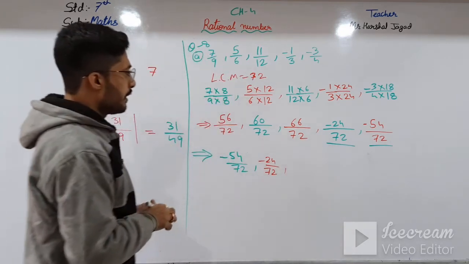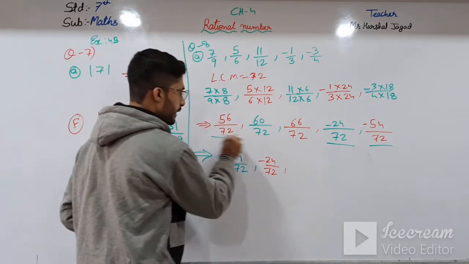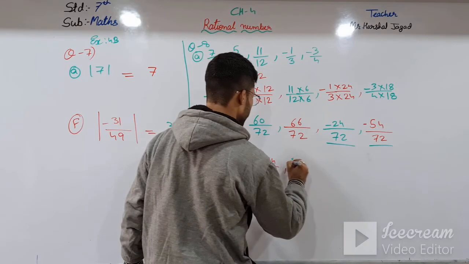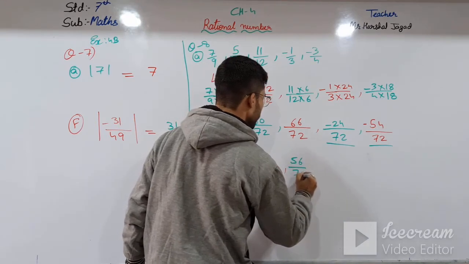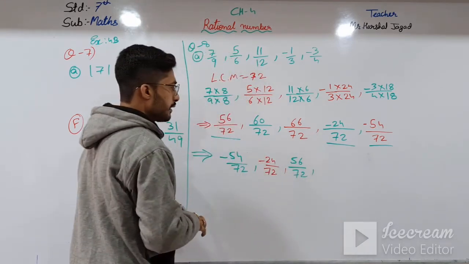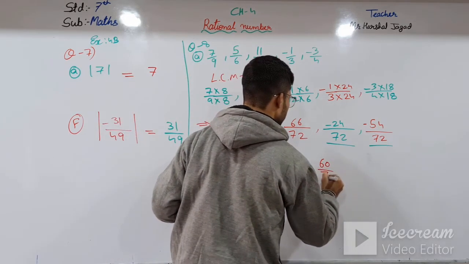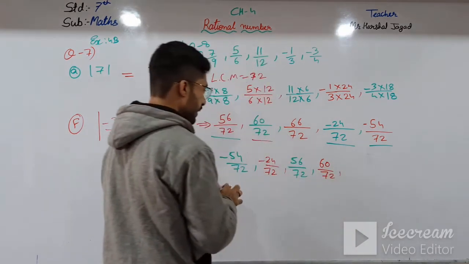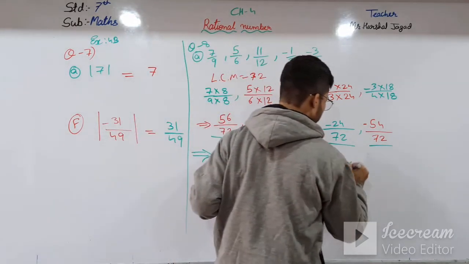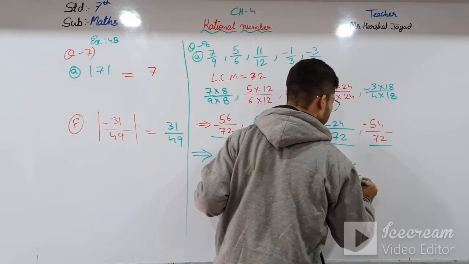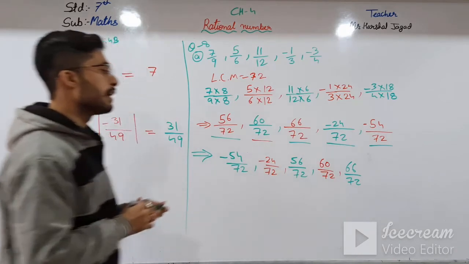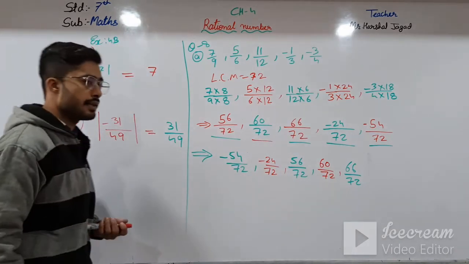Now the lowest one is 56, so that is 56 upon 72. And another one will come, that is 60 upon 72. And at last it is 66 upon 72. So this is your answer.